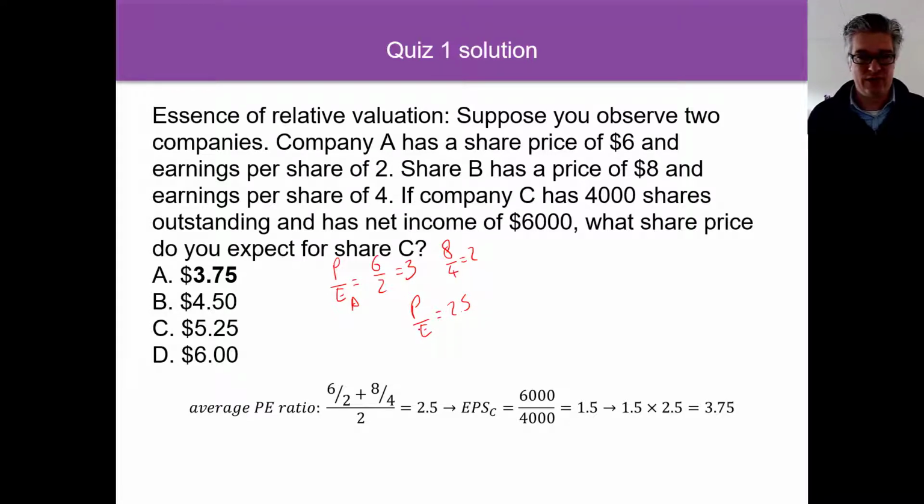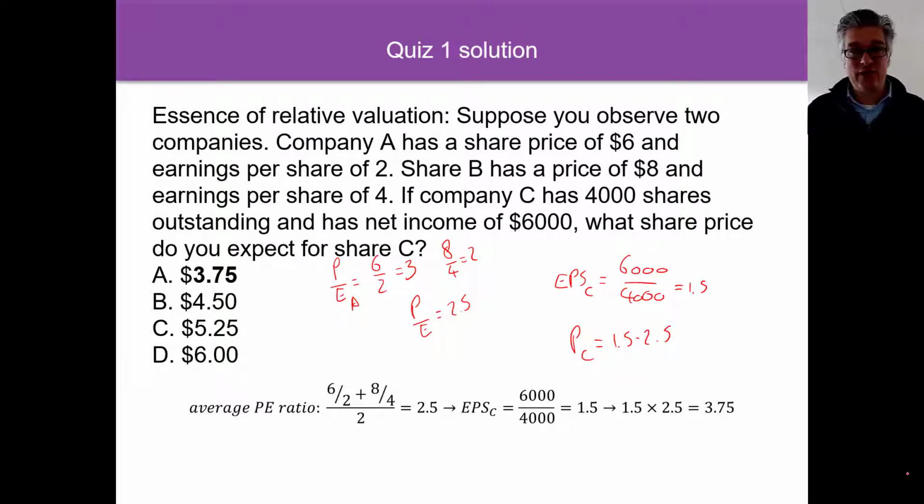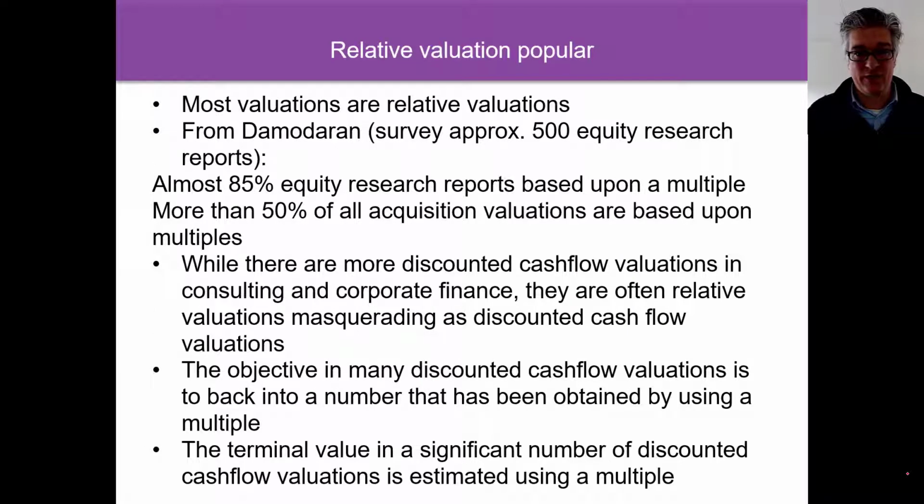So for each earnings per share, the share price is about 2.5 times as much. People are paying 2.5 times the earnings for each share. So if we then have the earnings per share for company C, which is 6,000 over 4,000, that is 1.5. That means that we expect the price for C to be 1.5 times 2.5. And this is really all you need to know for the application of relative valuation.